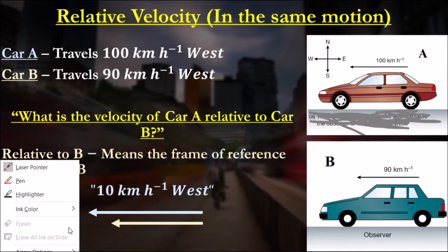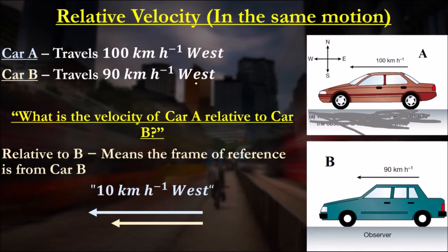So let's imagine we have two cars. One's moving at 100 kilometers per hour west. The other is moving 90 kilometers per hour west as well. If we draw out the vector arrows, this is for our 100 kilometers per hour car. This is our 90 kilometers per hour car.